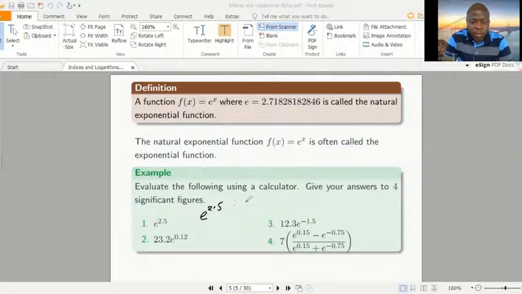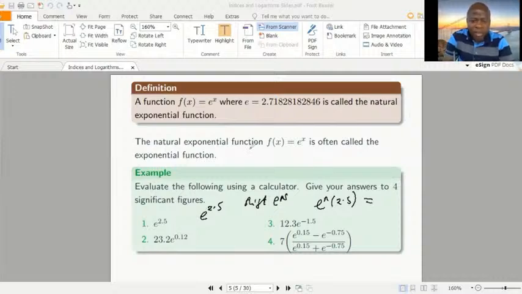Others will require you to press shift and then E. It will bring a bracket, something like this, meaning raised to. So it will be E raised to, and inside that bracket write 2.5, then press equals to see what it brings.